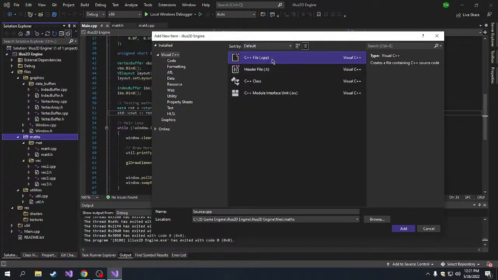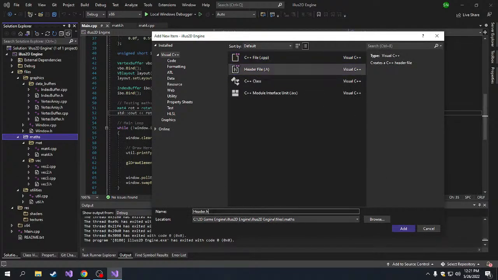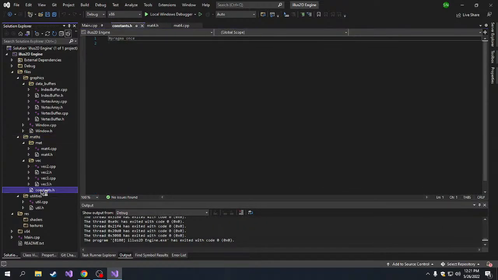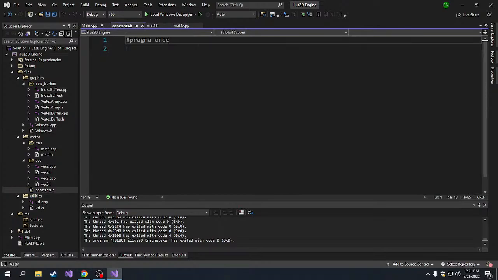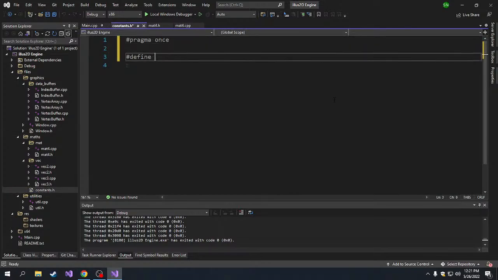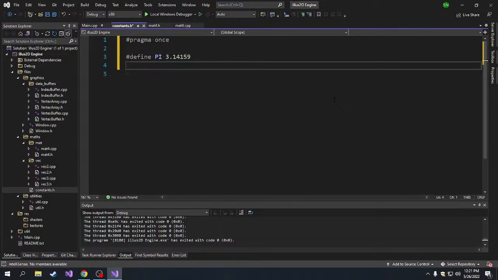I'll make a header file. I'll call it constants.h, and here I'll do define. I'll define pi as 3.14159. That's our pi. We'll define toRadians of x.